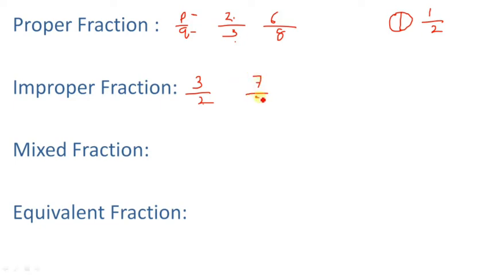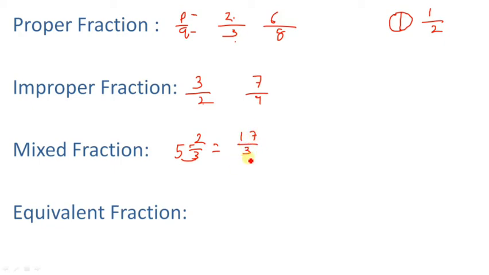Now mixed fraction. A mixed fraction is another way of expressing an improper fraction. Suppose I write 5 whole 2 by 3. We know how to rewrite a mixed fraction in the form of an improper fraction: 3 into 5, 15, plus 2, 17, divided by 3. 17 by 3 is an improper fraction.